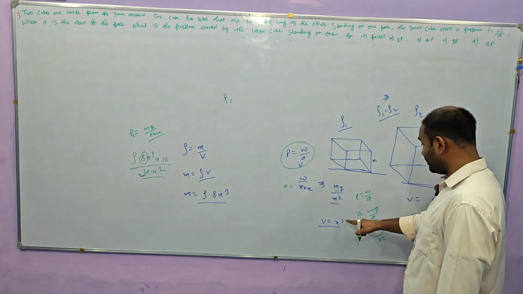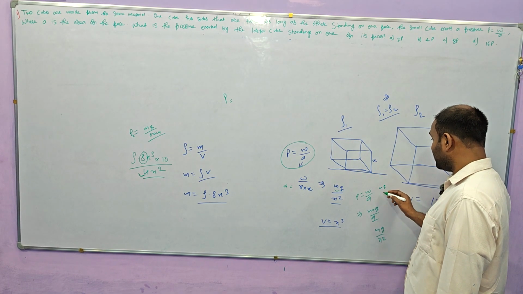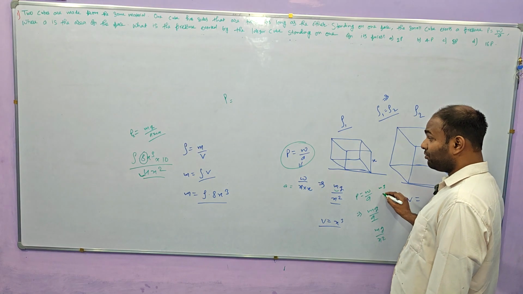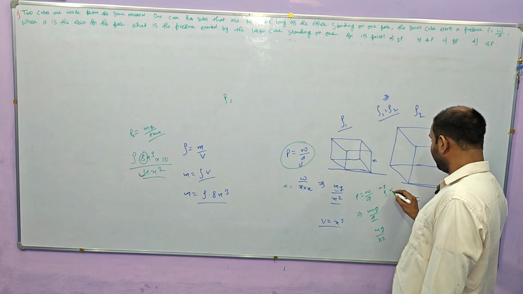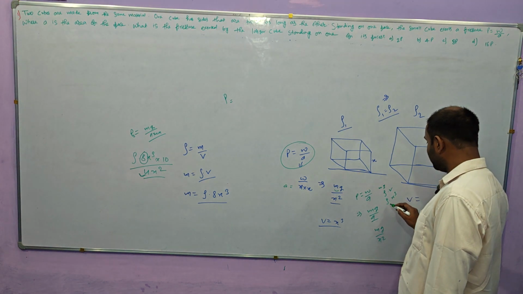When we talk about mg, we know m is rho into V, and rho into V is x cube.